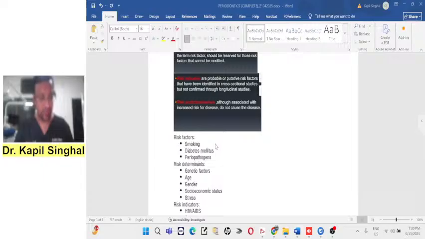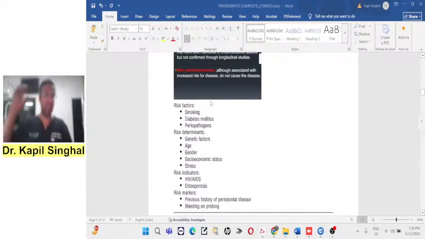Risk determinants or background characteristics are age, genetic factors, gender, socioeconomic status, stress. Risk indicators are HIV, AIDS, and osteoporosis. And risk markers are previous history of periodontal disease and bleeding on probing.